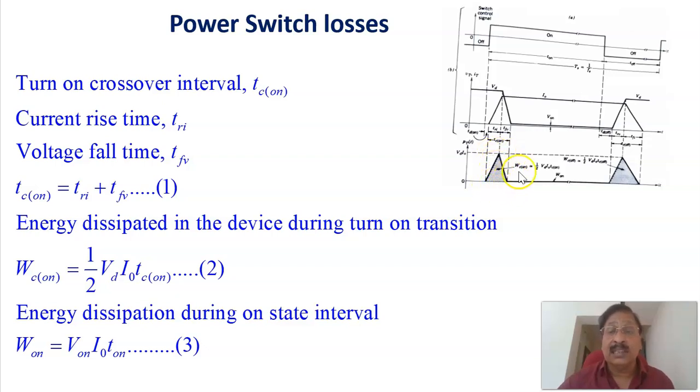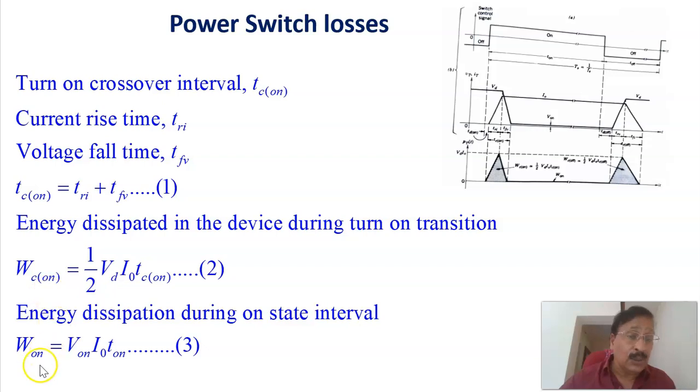The height is Vd into I naught, and the base is t_c(on). So it is half into Vd into I naught into t_c(on). Therefore, this is the energy loss during the on period. Similarly, during the switching off period, the energy dissipation is given by this, which will be explained in the next slide.